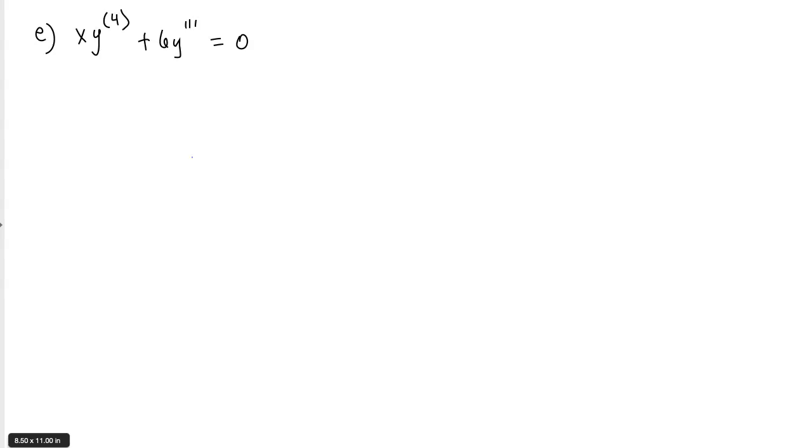Okay, so for our next example here, notice that we actually have a fourth order Euler-Cauchy equation. It's not a second order, so we're actually going to work an example like this one so that you can see that if we take the successive derivatives of x raised to the r, we can still come up with the indicial equation that we need to be able to solve this equation here, okay?